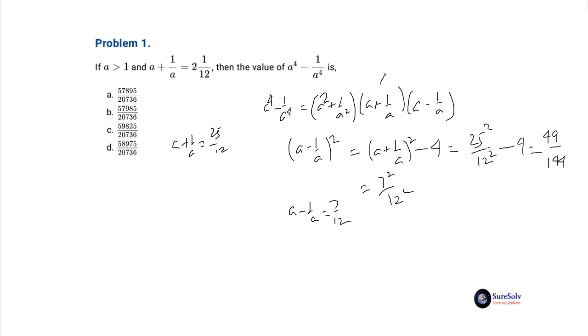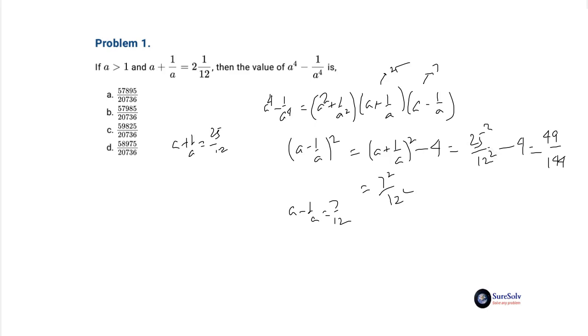A plus 1 by a will have a factor of 25 in the numerator, and a minus 1 by a will have a factor of 7 in the numerator. As the numerator factors won't have a common factor with the denominators, we will test the numerators of the four choices for a factor of 25 first. Testing a number for a factor of 25 is very easy. The last two digits must be 00, 25, 50 or 75.